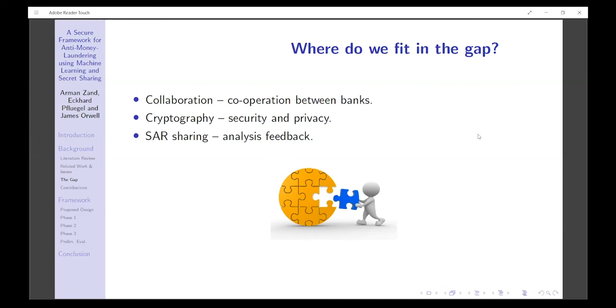So there's an SAR shown. An SAR is a suspicious activity report, which is a terminology used in the anti-money laundering papers. A report that investigators can use for suspicious money laundering activity.